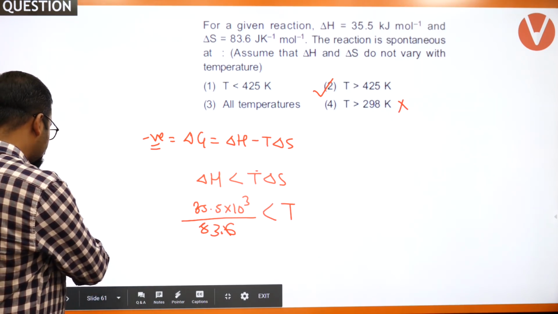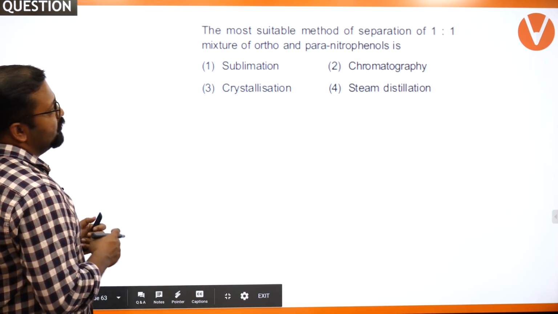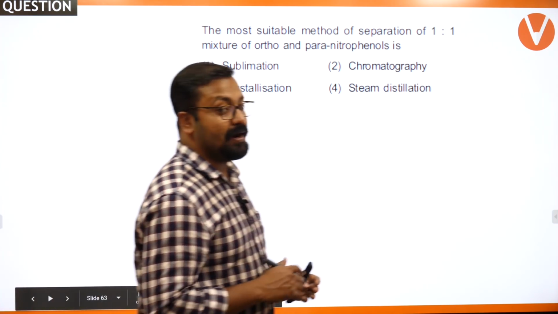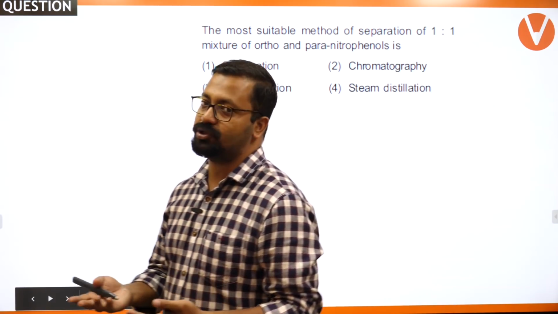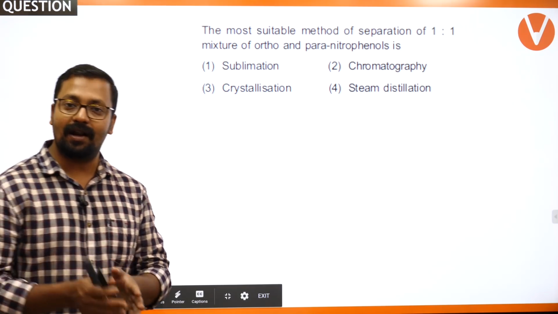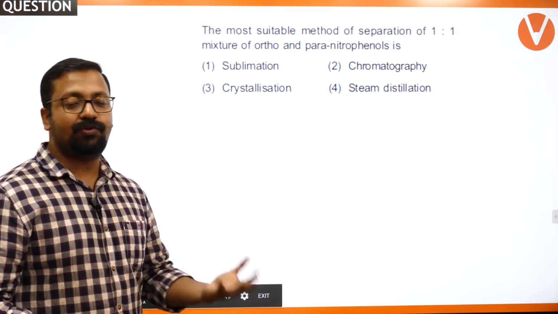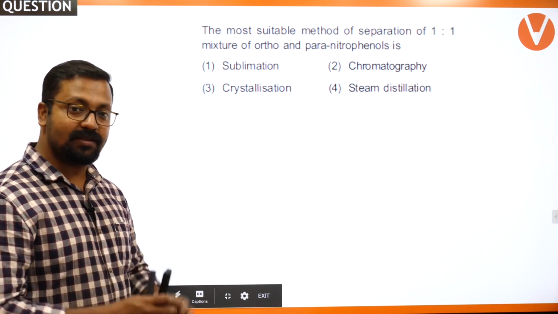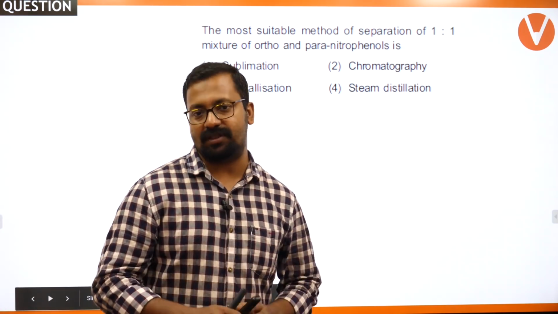Okay. Next, the most suitable method for separation of a 1:1 mixture of ortho and para nitrophenols. Now, when two substances are taken which have different types of hydrogen bonding, ortho nitrophenol intramolecular, para nitrophenol intermolecular, the strength of hydrogen bonding is different, so steam distillation is the right method for this separation.